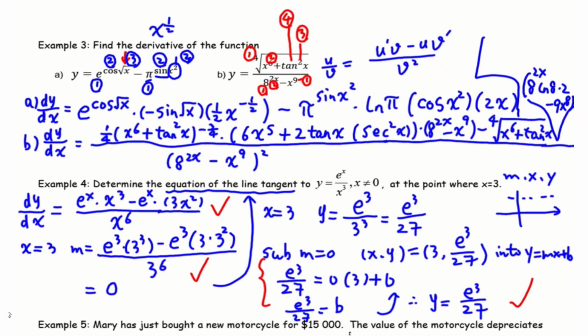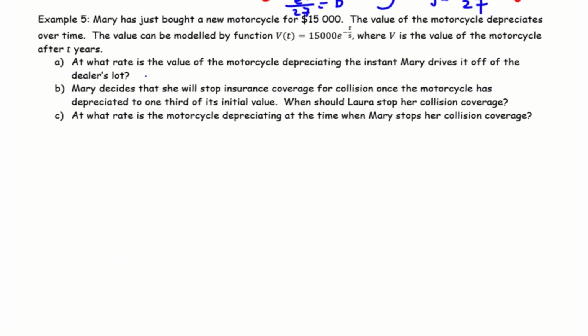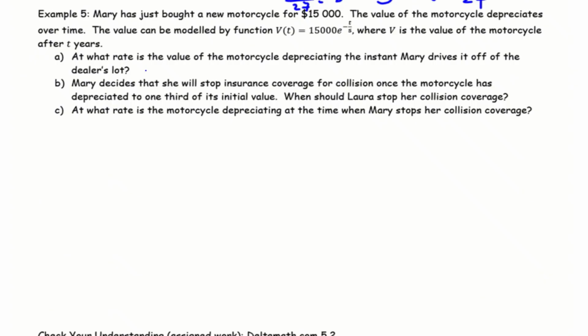So now we have one last question for the application of the exponential function. Mary has just bought a new motorcycle for $15,000. The value will depreciate. The equation gave us depreciation, e to the exponent negative t over 5.